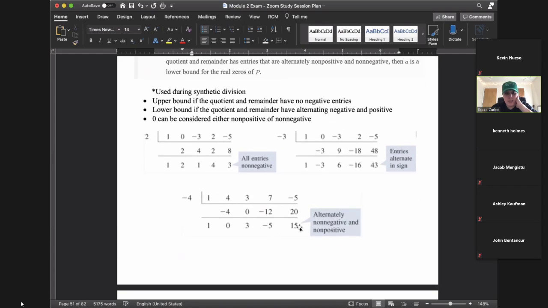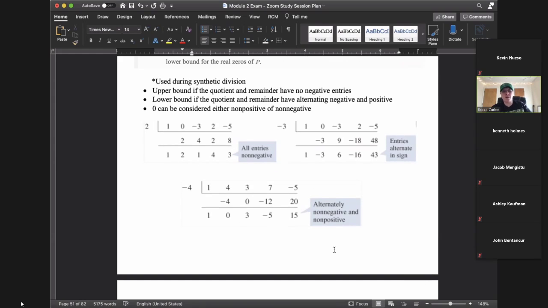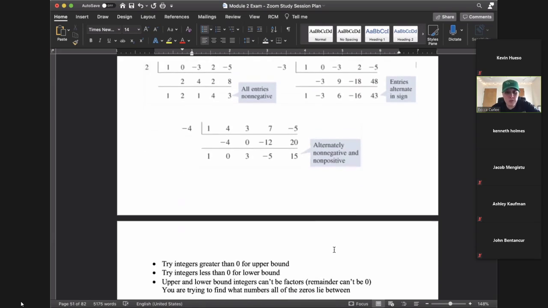That's what they mean by 0 can be considered either non-positive or non-negative. So you've got 1 to a possible non-positive, which can be considered negative, to a positive, to a negative, to a positive. That can also be considered a lower bound because it has alternating non-positive and non-negative numbers.